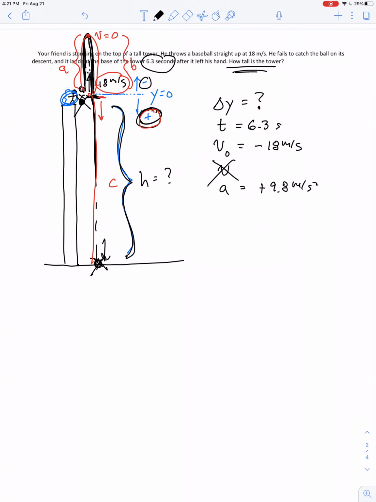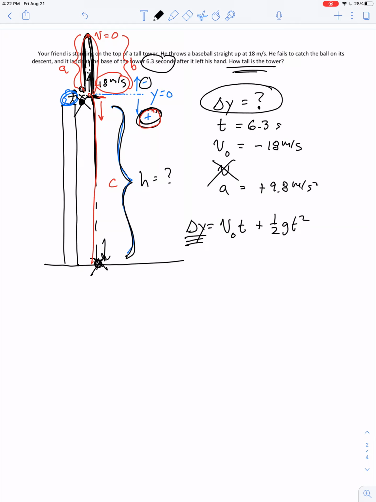If you just use the kinematics equation that says delta y equals, let's see, we want the equation without final velocity. Oh yeah, that's delta y equals v naught t plus 1/2 g t squared. When you use this equation, this delta y is going to be the displacement. So it's a one-step problem. And in fact, in this case, we got lucky. There's no algebra to do.